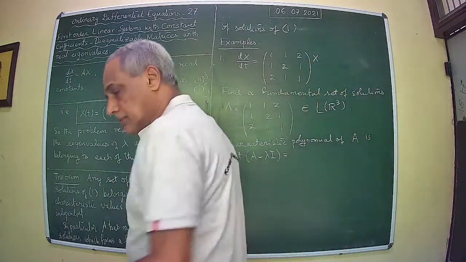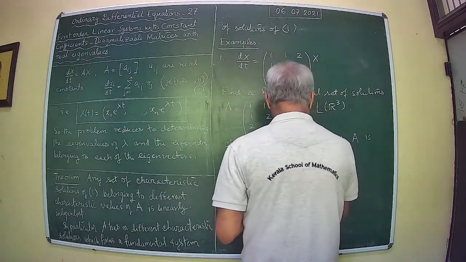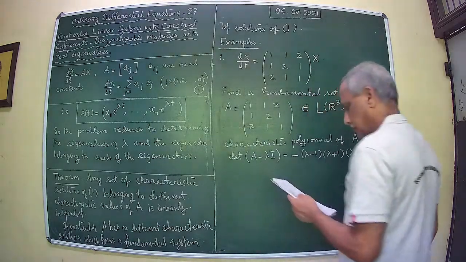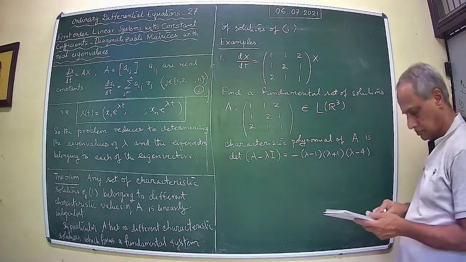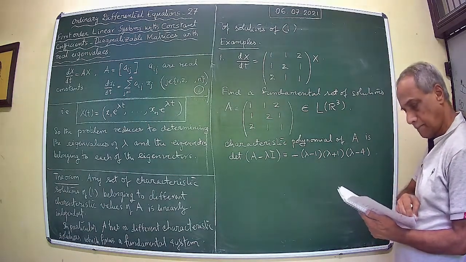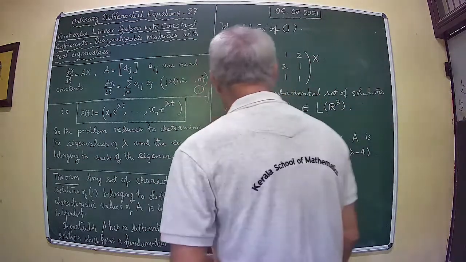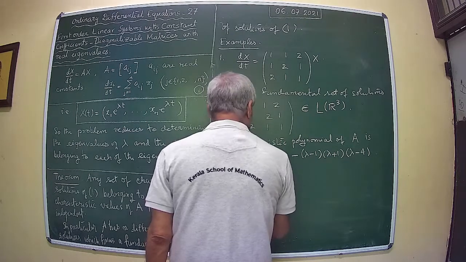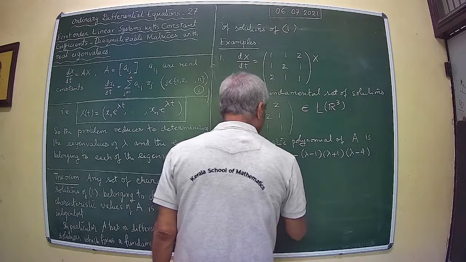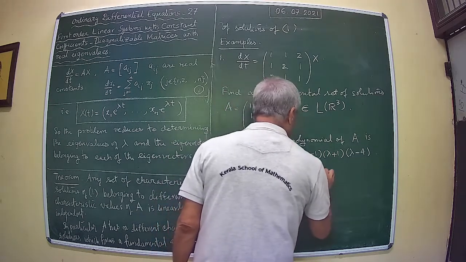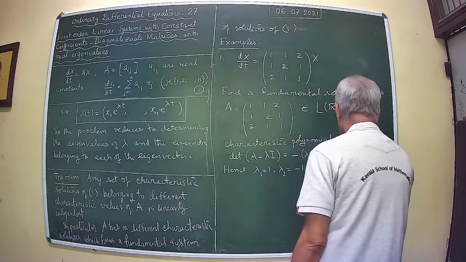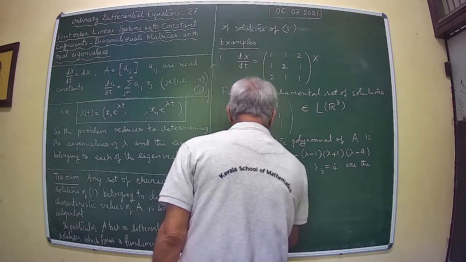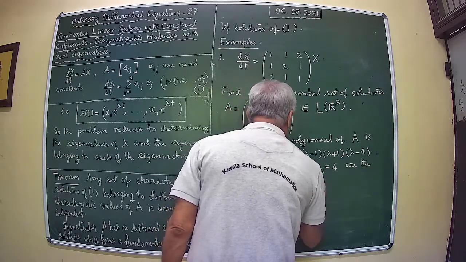If you work this out, this will turn out to be minus lambda minus 1 times lambda plus 1 times lambda minus 4, so these are the three distinct eigenvalues of A. So what do we do?